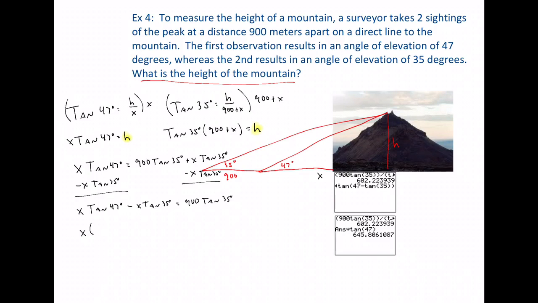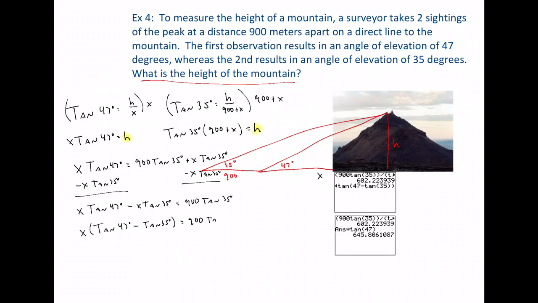The same way when we were solving inverses algebraically, we had to do this point where we had two x's, we had to factor out the x, so we'll do the same thing here. So this would then be x times tangent of 47 minus tangent of 35 degrees.